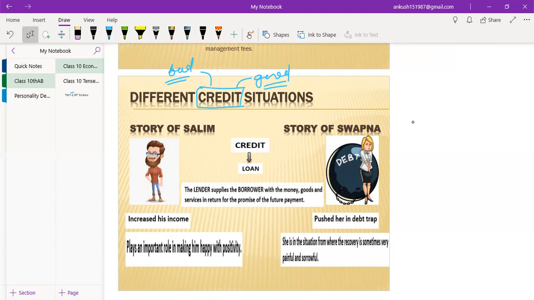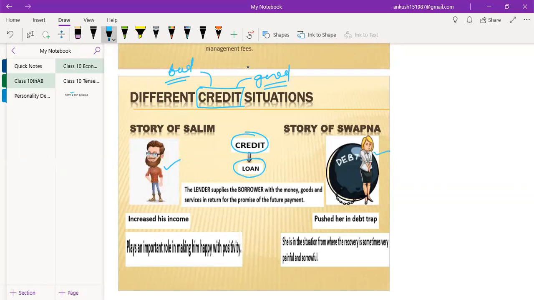Two situations are given in your book, the story of Salim and the story of Swapna. As you can see here, Salim seems very happy, whereas Swapna is very unhappy here. Both have borrowed money from the bank and various sources of credit, in the form of loan. Have you got the point?